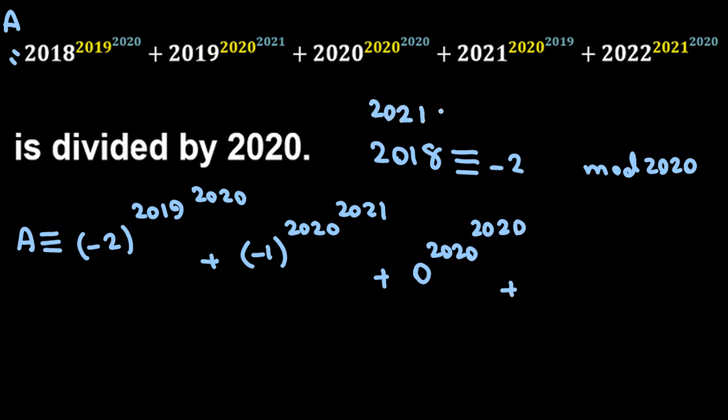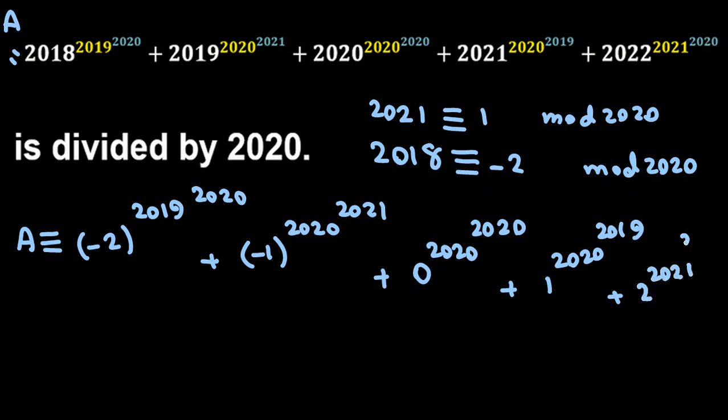Why? Because you can subtract 2020 and it will be what? Mod 2020. So it will be 1 to the power of 2020, power of 2019, plus 2022 is 2 to the power of 2021 to the power of 2020. So if I want to consider congruency mod 2020, then it will be what here?